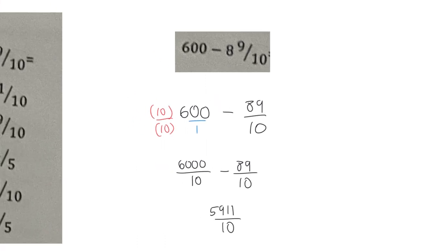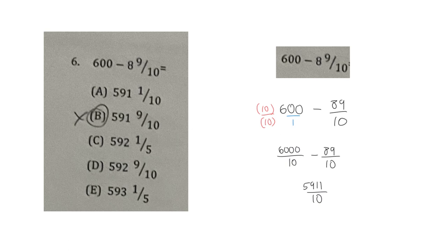5911. Okay, now still it's the case though that this does not match any of the answer choices. But you might notice that each answer choice is a mixed number. Now, what we've already done is we've converted a mixed number into an improper fraction. We converted 8 and 9/10 into 89 over 10, but now we're going to have to go backwards.